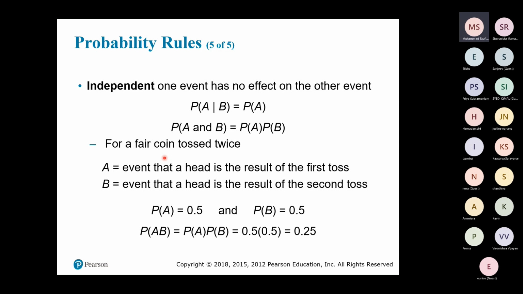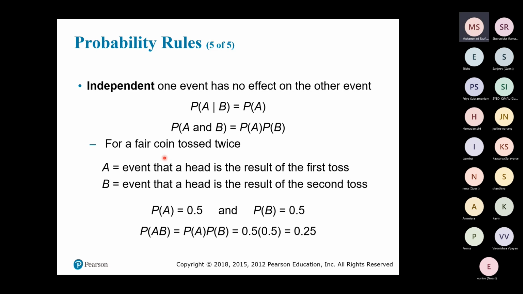So to calculate whether you can get two heads out of two coin tosses, you just have to multiply the probability of getting head in the first toss by the probability of getting head in the second toss. We already know the probability of getting head is 50%, because you only have one outcome out of two possible outcomes.